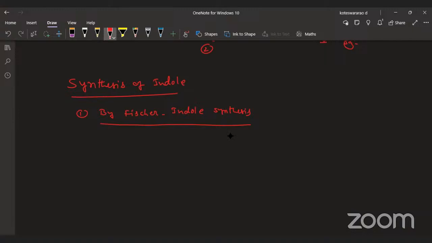After formation of the phenyl hydrazone, where phenyl hydrazine reacts with a carbonyl compound, that compound further undergoes elimination of ammonia, which leads to the formation of indole.